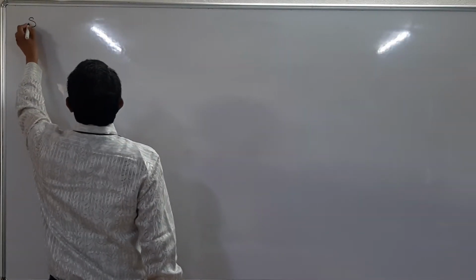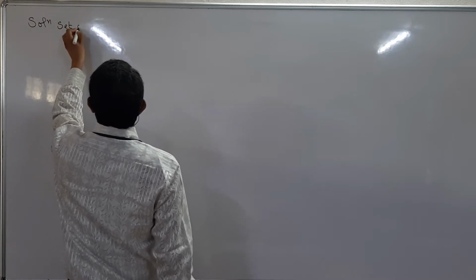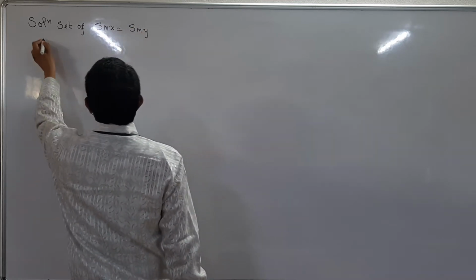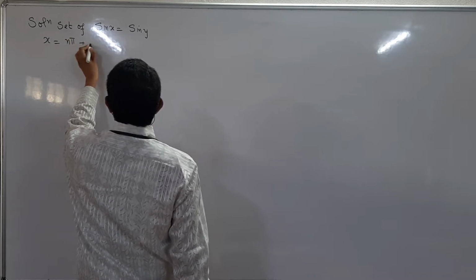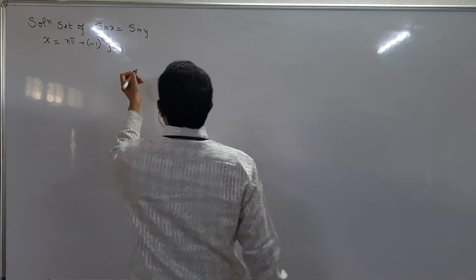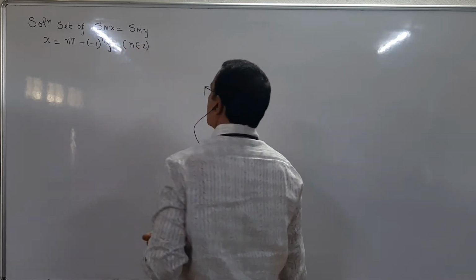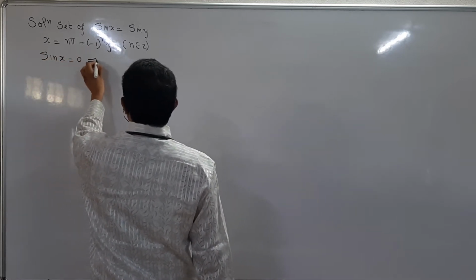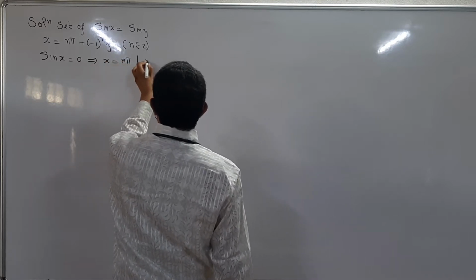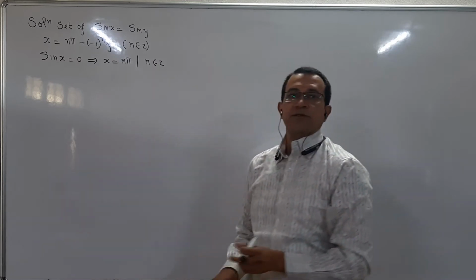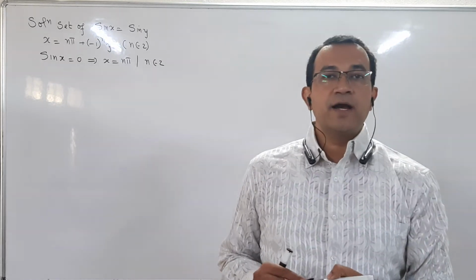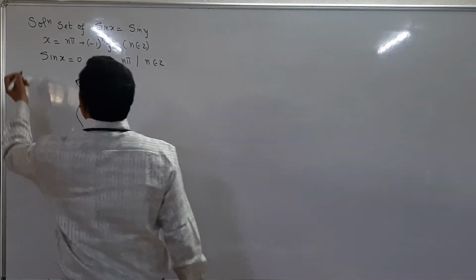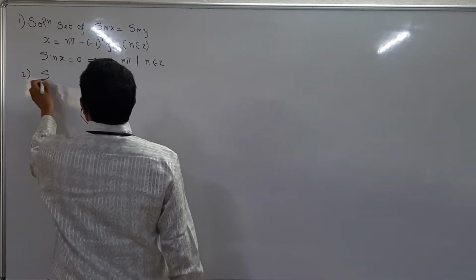First, solution set of sin x is equal to sin y is x is equal to n pi plus minus 1 raised to n into y, where n belongs to z, and set of zeros of sine function is n pi, where n belongs to z. This is the first formula.